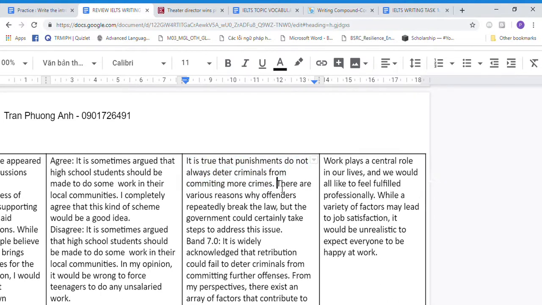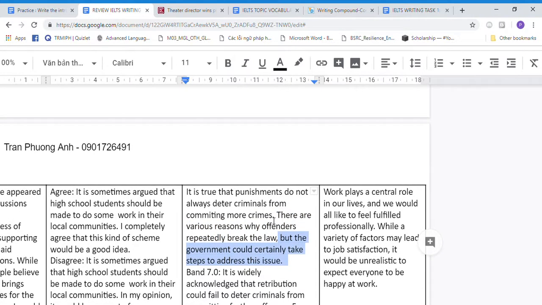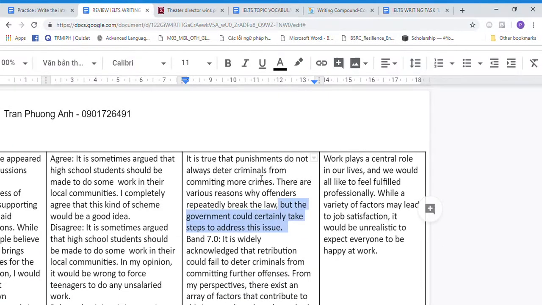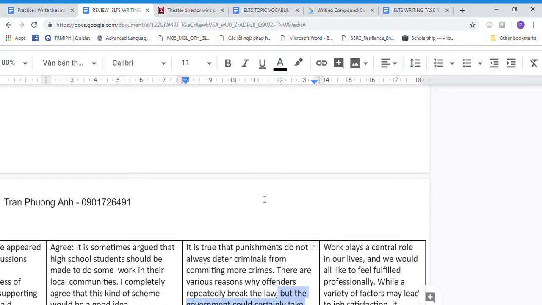Sau đấy mình nói luôn there are various reasons why offenders repeatedly break the law. But the government could certainly take steps to address the issue. Nghĩa là cái mở bài của mình cũng phải trả lời sơ cho cái câu hỏi của mình rồi, đúng không? Thì đây người ta bảo there are various reasons, đúng không?